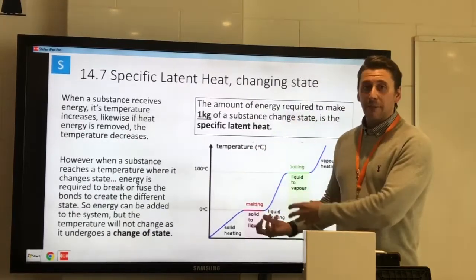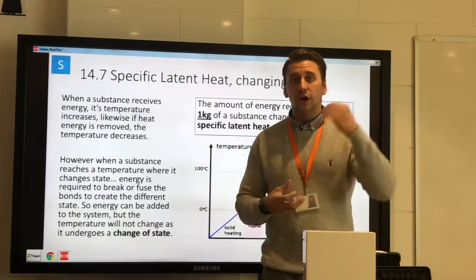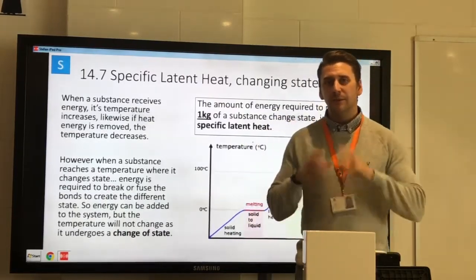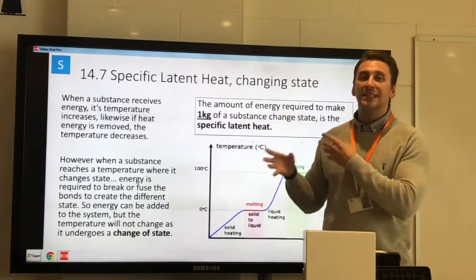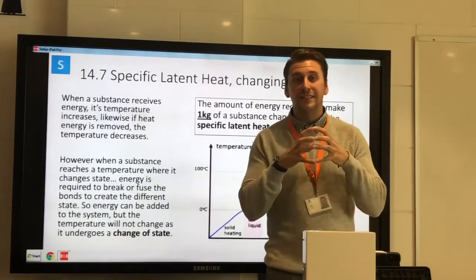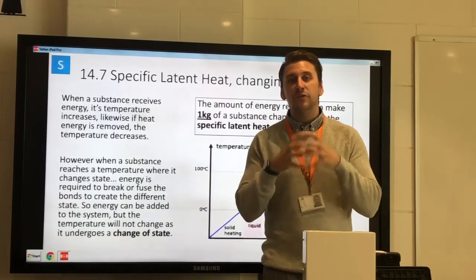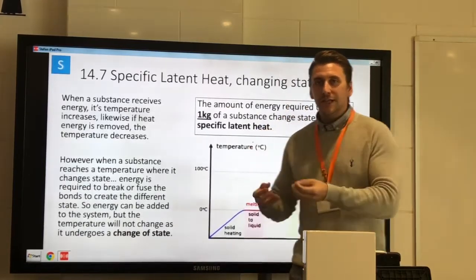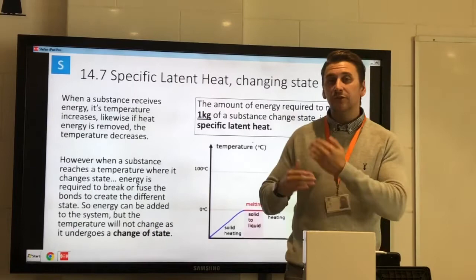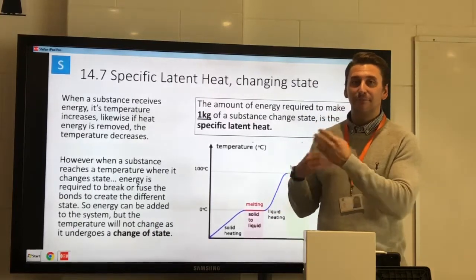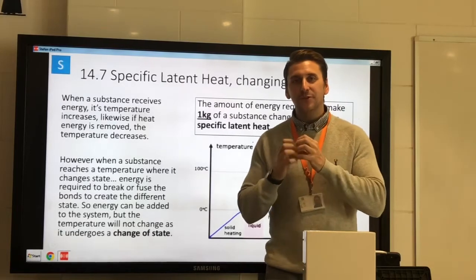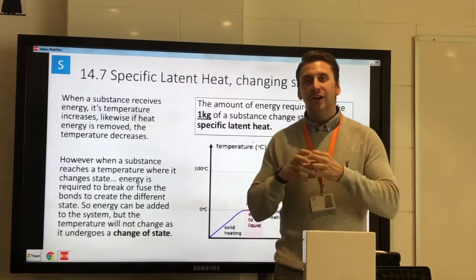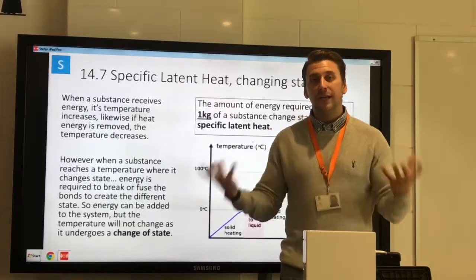So something is happening at the state change which is not going towards the temperature increase, but the energy must be going somewhere else. Now in the very start of 14a we said that solids are fixed in a regular arrangement with strong bonds between them. So what's happening in this physical change, this state change of melting from ice to water, is actually the bonds that are holding those solids together require energy in order to break the bonds.